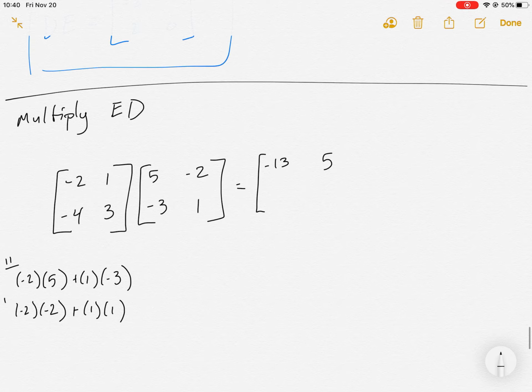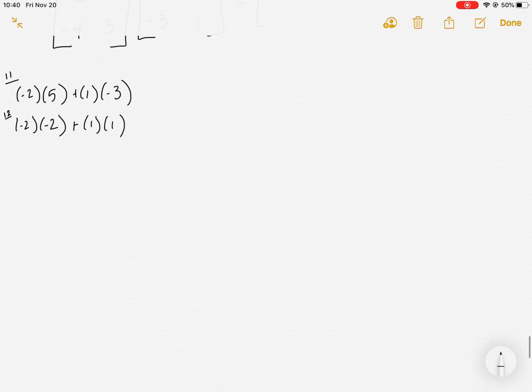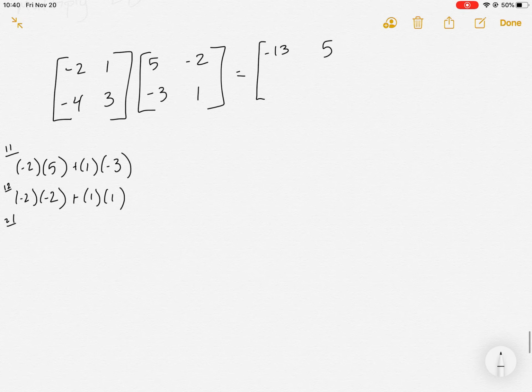Notice I'm doing 1, 1 here, 1, 2. And now for 2, 1, I'm going to have negative 4 times 5 plus 3 times negative 3, which will give me negative 29.